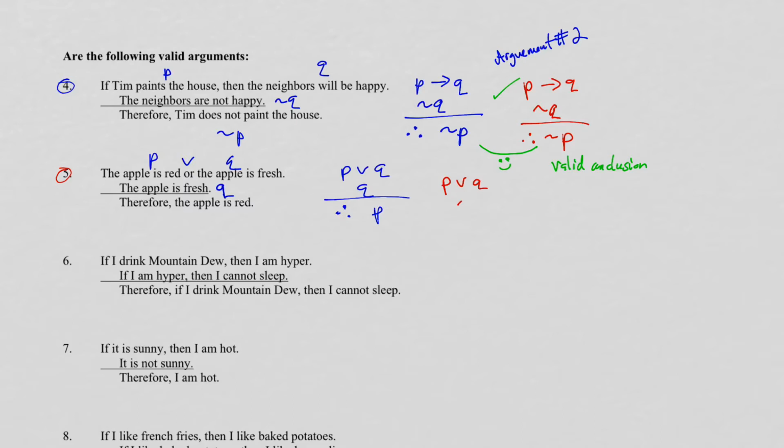You can have the or in there, but you have to have a negation of P in order to get Q, or you need to have a negation of Q in order to get P. Okay, so we cannot conclude that the argument is P if Q is not negated.